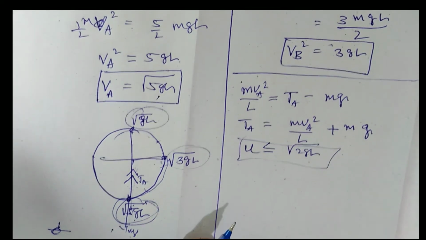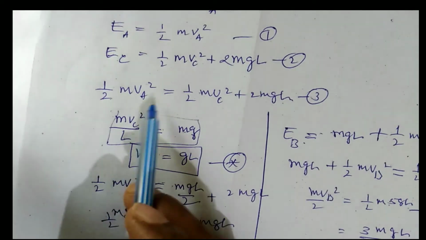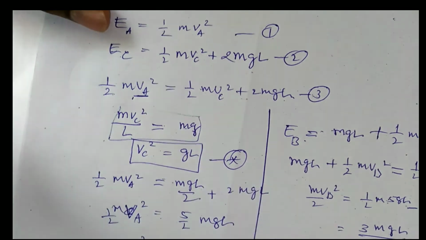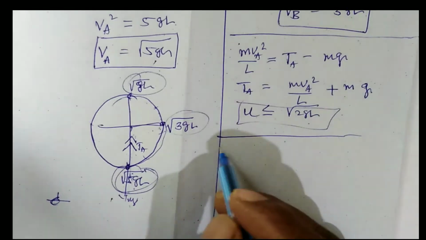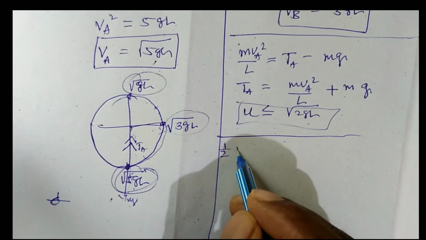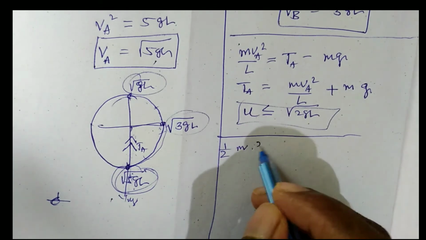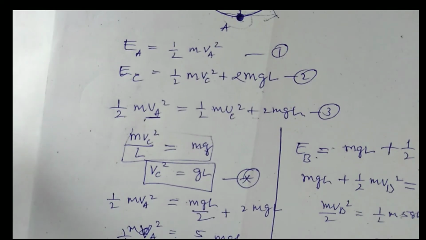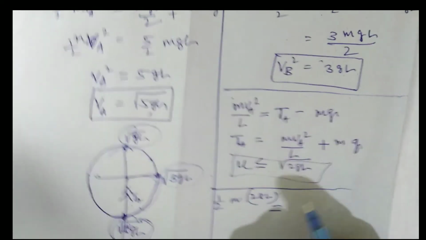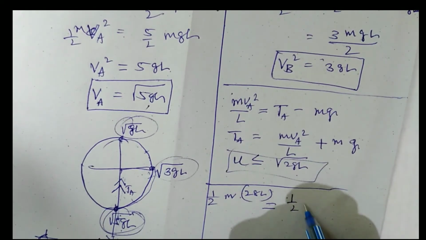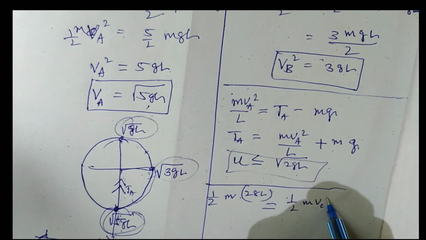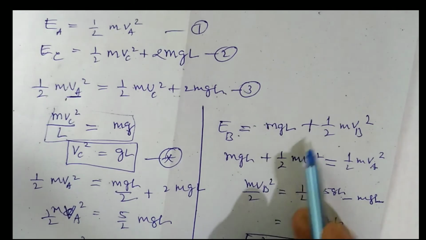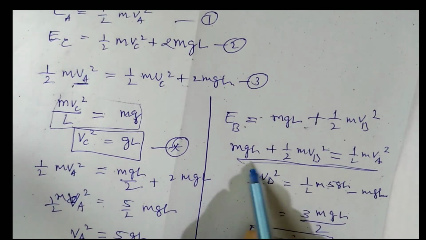According to the equation 3, whatever we have written, I am going to write down that this is 2gl, okay. So v square is nothing but 2gl, is equal to this equation, that is mvc square or vb square. I am going to write down in this equation, okay.